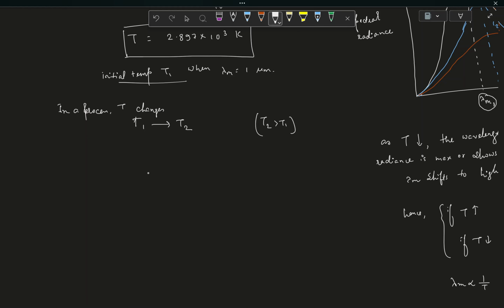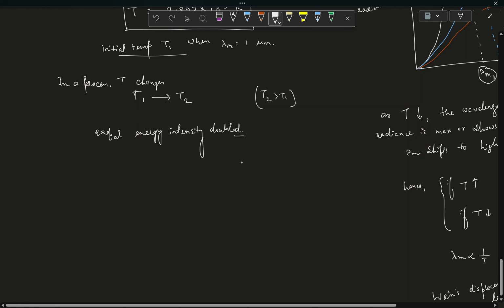So radiant intensity doubles. That means radiant energy intensity basically means how much energy is radiated per unit area, per unit time.